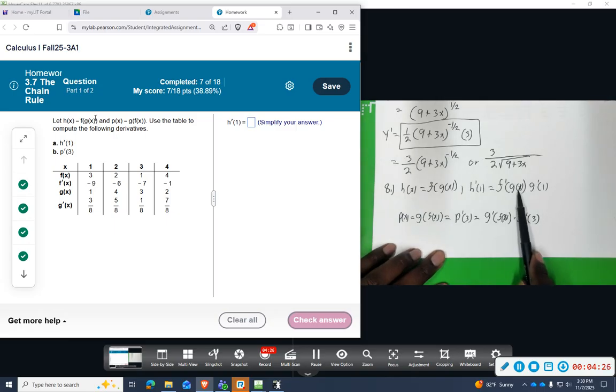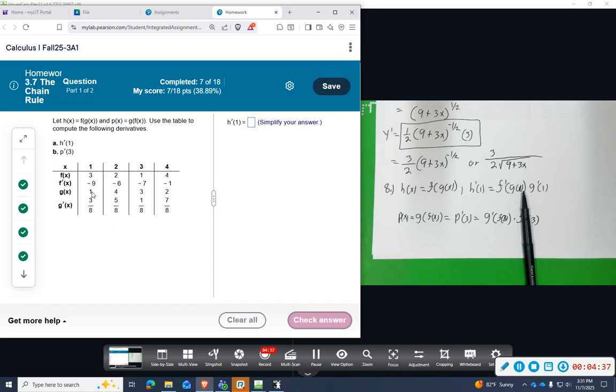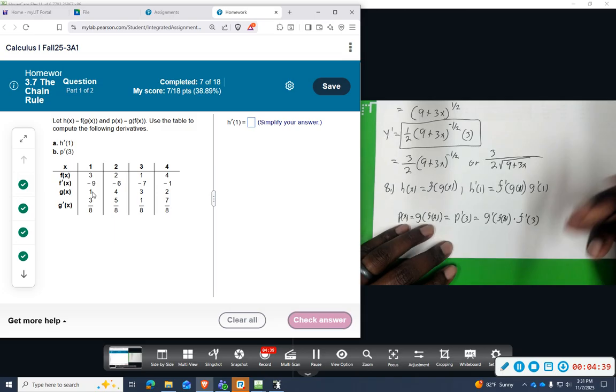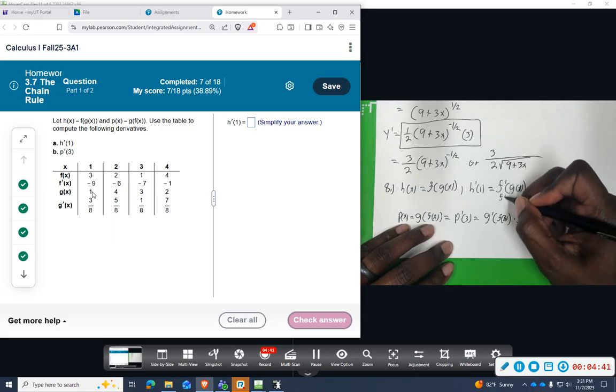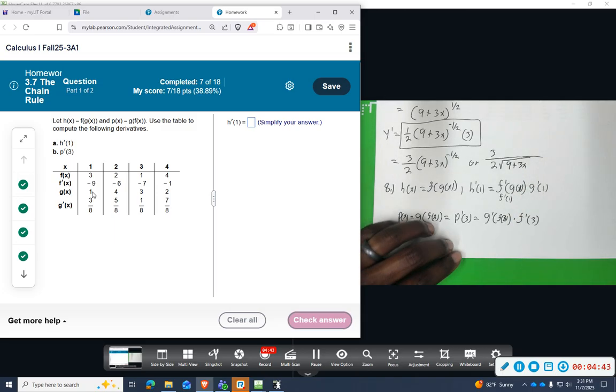So g of 1 from the table, you go to when x is 1, we're going to come down to where it intersects the g equation. g of 1 is going to give us 1. So right now we're looking at f prime of 1, and that's giving us a negative 9.